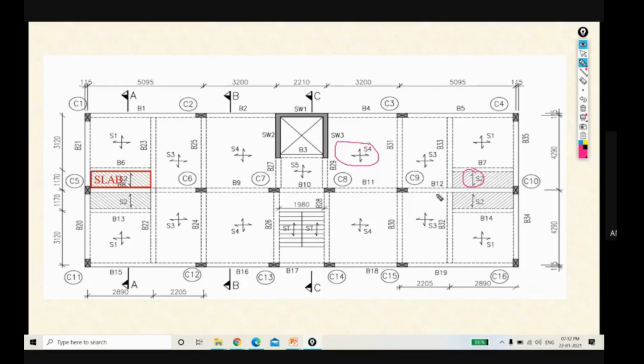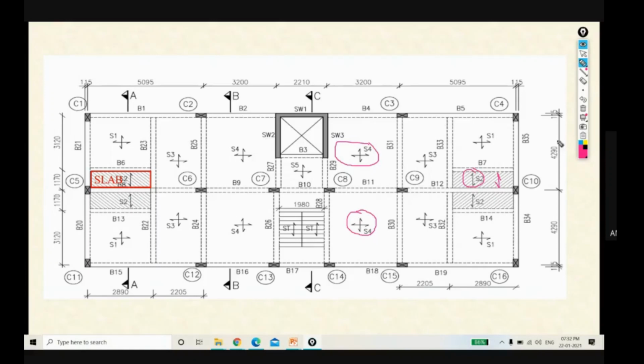In a one way slab we provide the main reinforcement along one direction, generally along the shorter span. In a two way slab we provide the main reinforcement in both directions, so we consider this symbol for the two way slab.